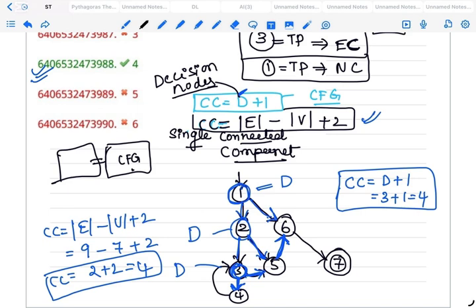At node 6 the arrows are in the opposite direction, so it will not affect the cyclomatic complexity. Only 3 nodes are decision nodes; 6 is not a decision node. Only 1, 2, 3 are the decision nodes. Sorry friends, I forgot to add the edge from 5 to 6.